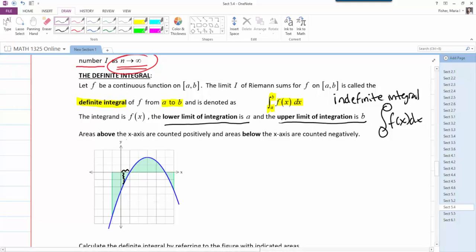Area that lies above the x-axis is counted positively, and area that lies below the x-axis is counted negatively because those heights of those rectangles are going to be negative there. So when we're calculating area given a graph, any area that lies above the x-axis is counted positively, and any area that lies below the x-axis is counted negatively.